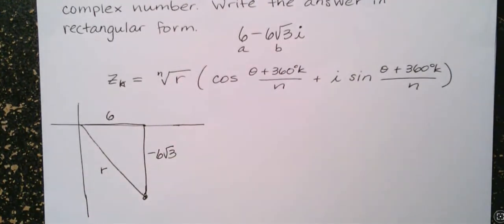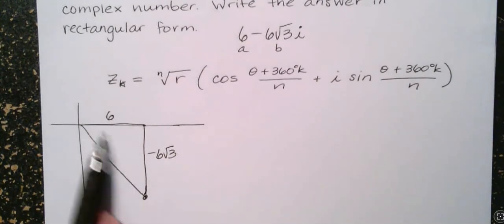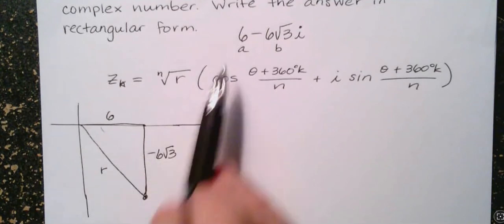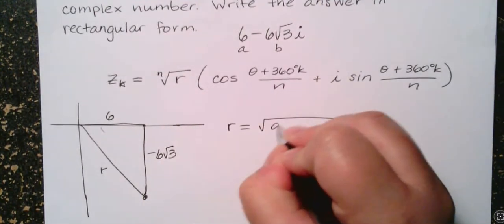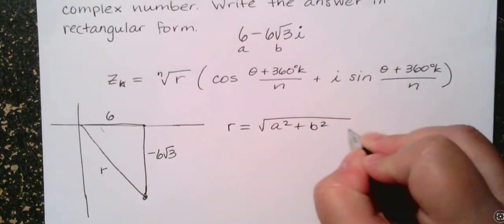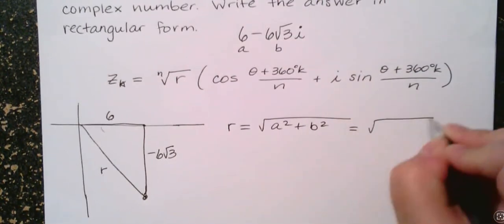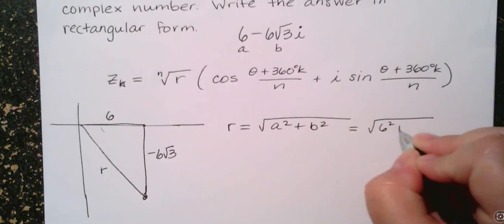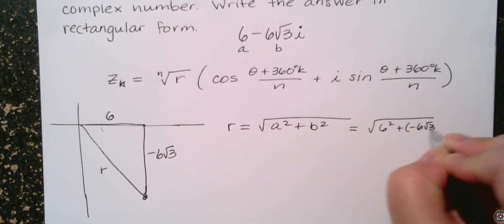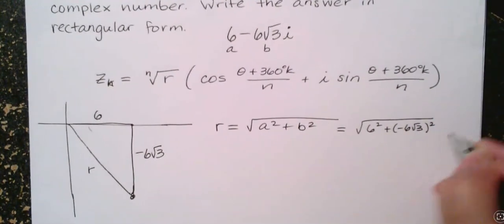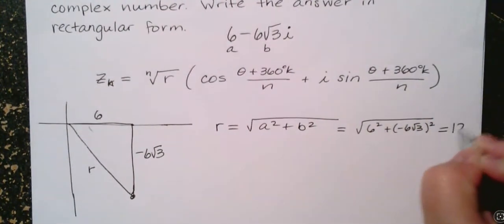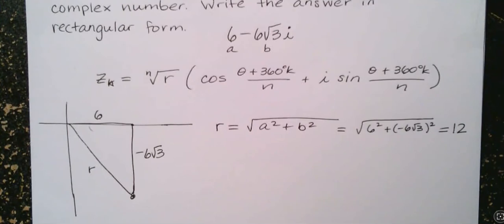So r comes from Pythagorean theorem, legs squared plus legs squared equals r squared. So my legs are a and b. So r is square root of a squared plus b squared, which in this particular case is 6 squared plus negative 6 root 3 squared. And when you work all of that out, it's going to come out to 12. So r is 12.